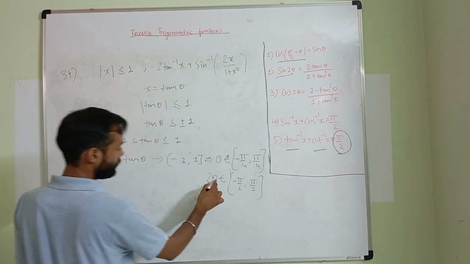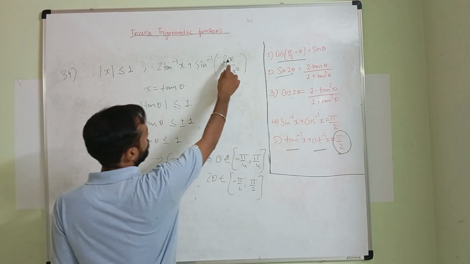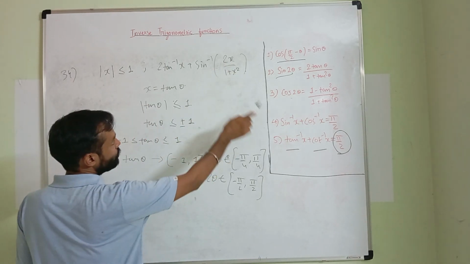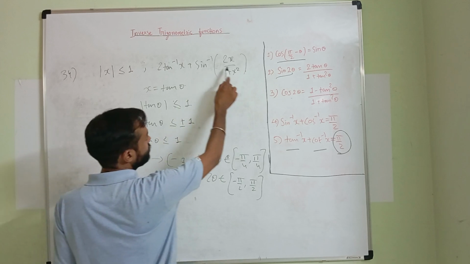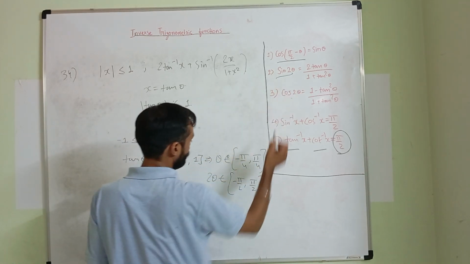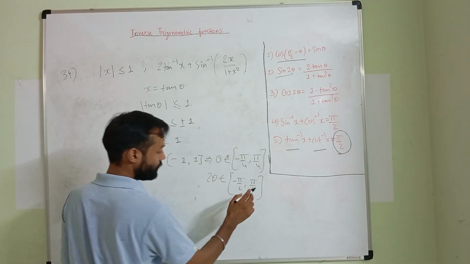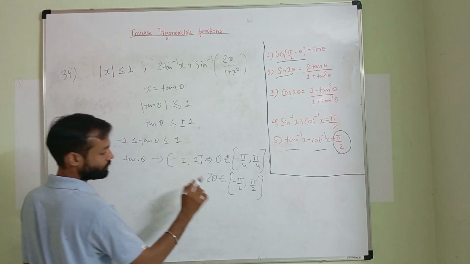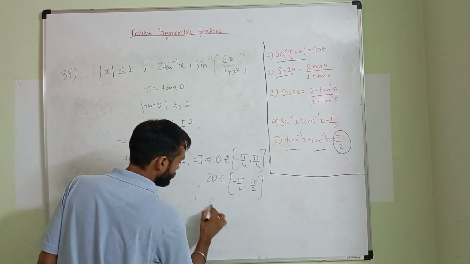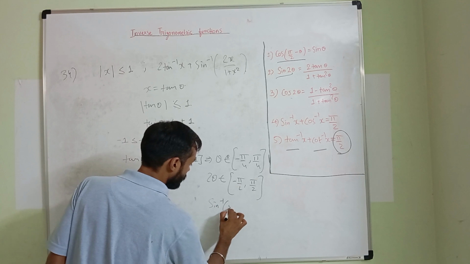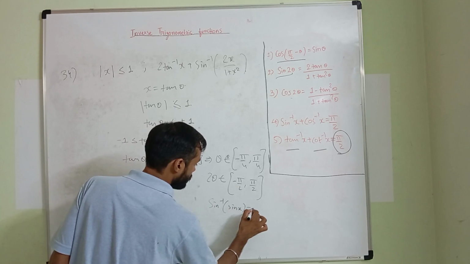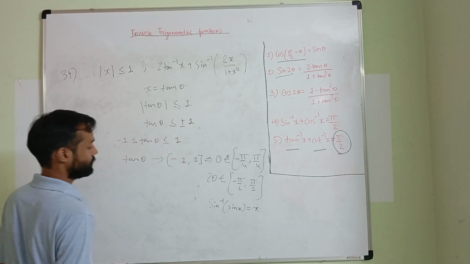Why are we taking 2 theta? Because here 2x upon 1 plus x square is given, so somewhere we have to convert it into the sin 2 theta form. Since this 2 theta also belongs to minus pi by 2 to pi by 2, which is the range of the sin inverse function, hence at last we can write sin inverse of sin x is equal to x.